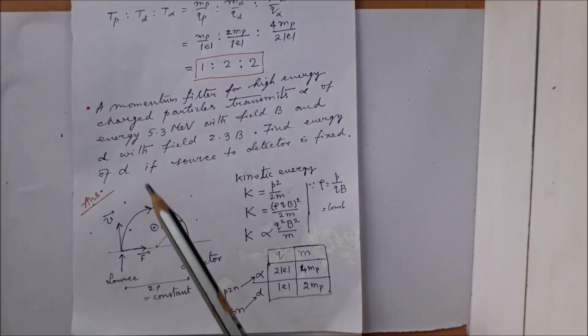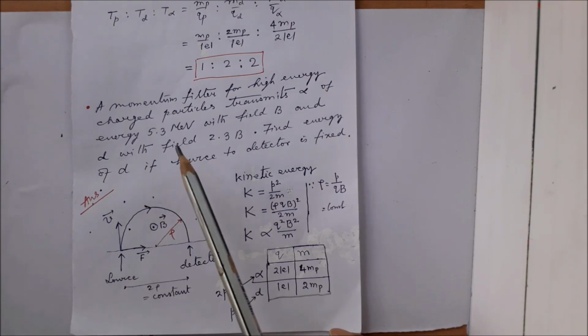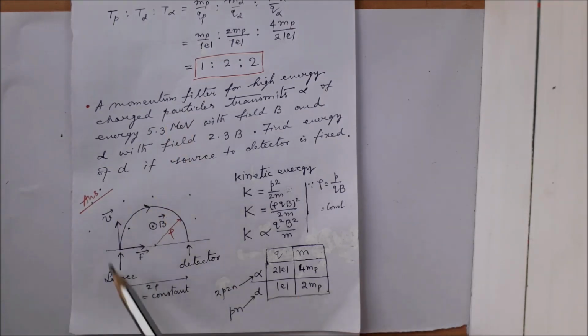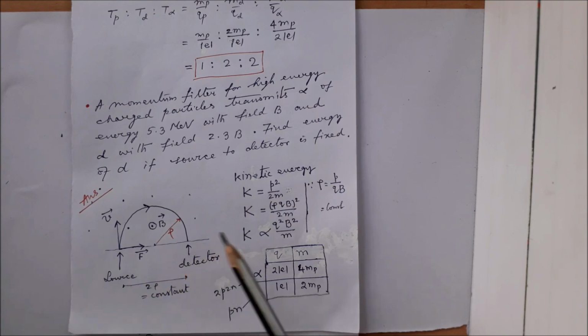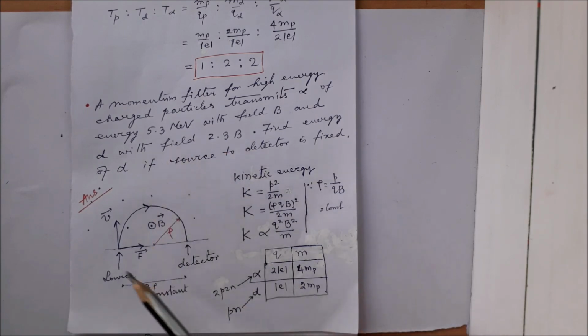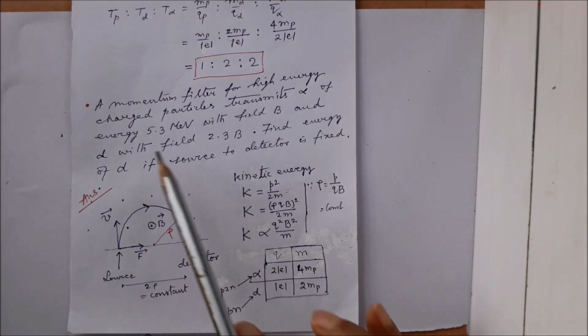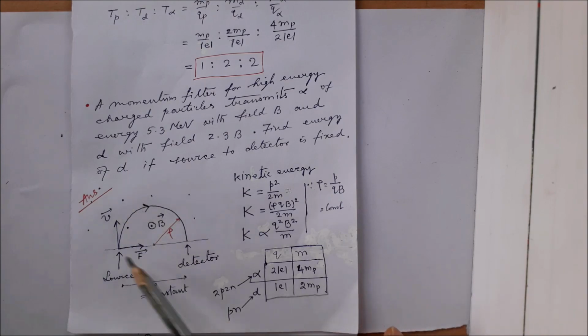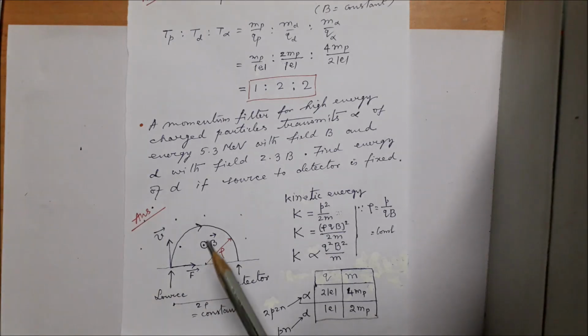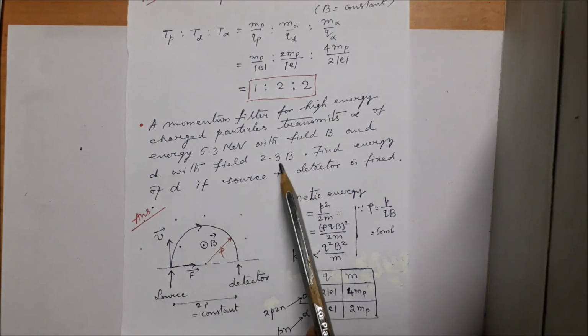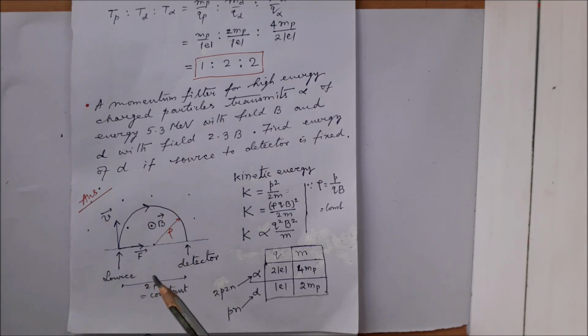In the next problem, we have a momentum filter having fixed source to detector separation. 5.3 MeV alpha move from source to detector along the circular track. Now the question is, what would be the energy of deuteron beam to trace the same path in a magnetic field of 2.3 B in order to be filtered out?